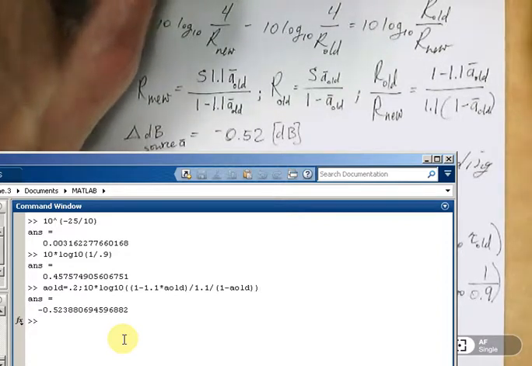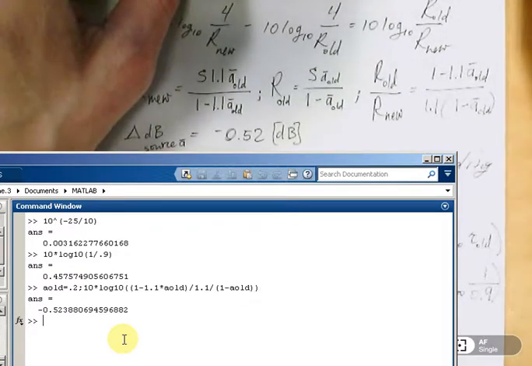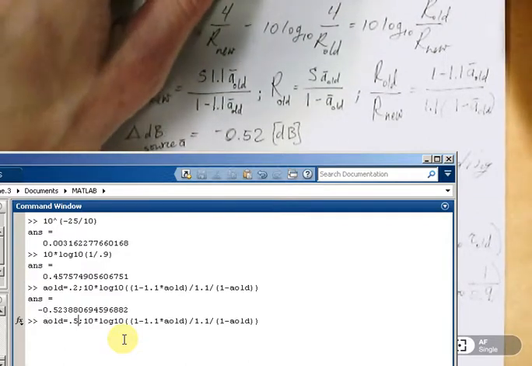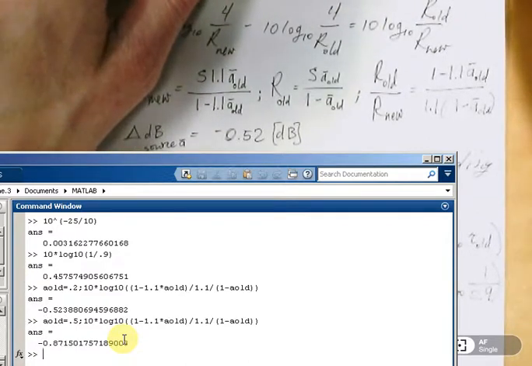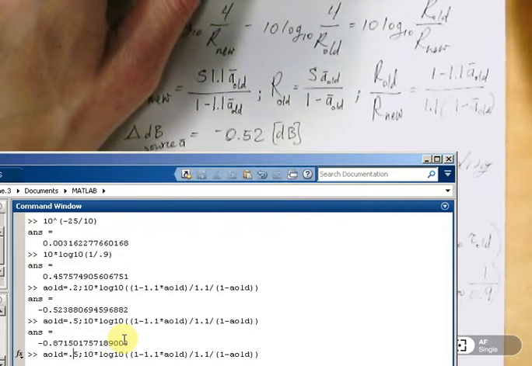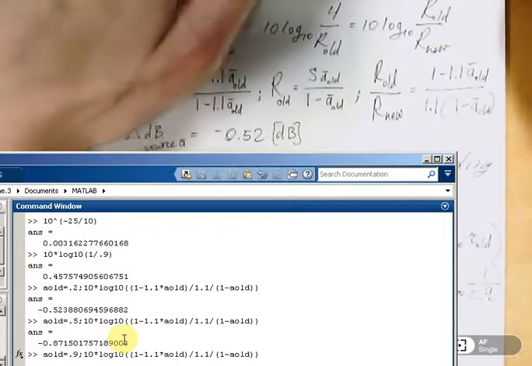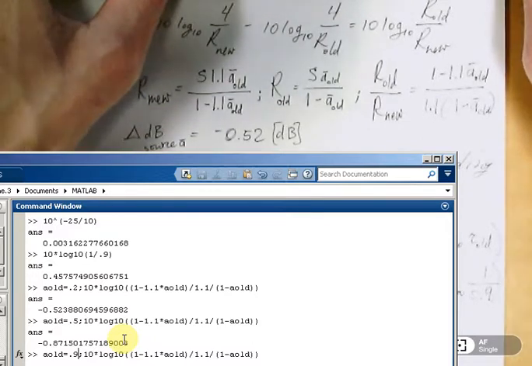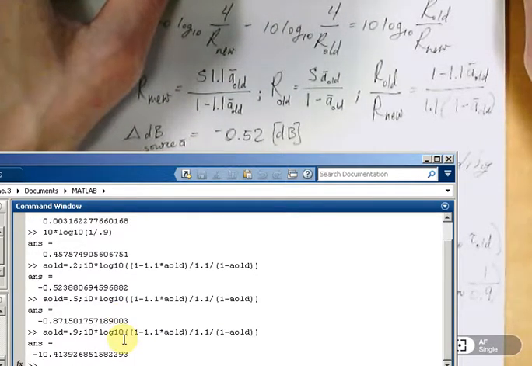So let's make A old 0.5. So that value grows. As the mean absorptivity approaches 1, in other words, those walls in the source and receiving rooms are perfectly absorptive, it approaches a certain value. Let me get that onto the screen.